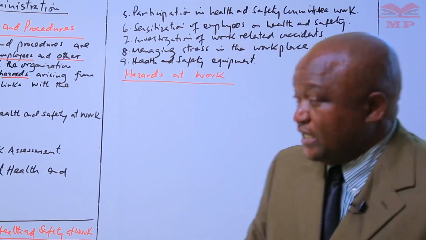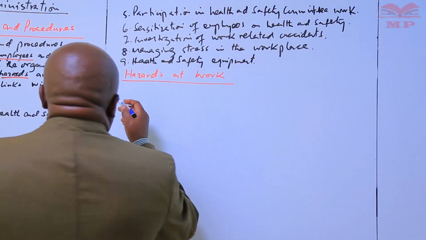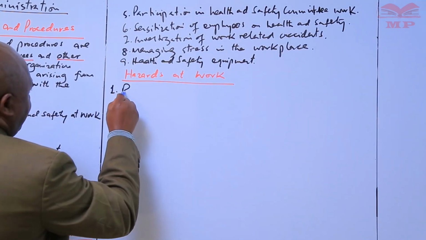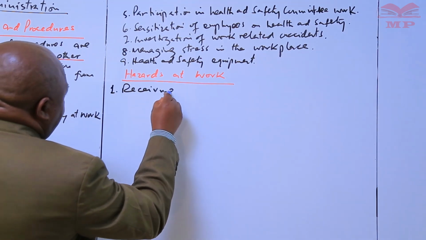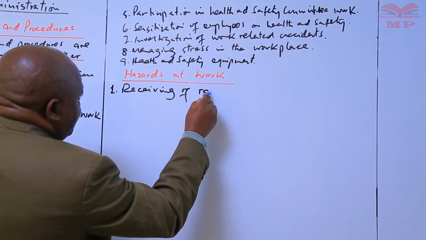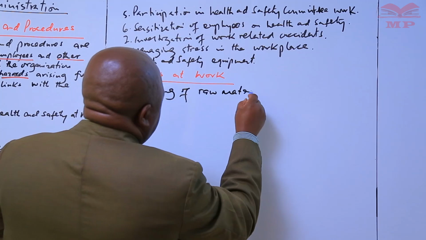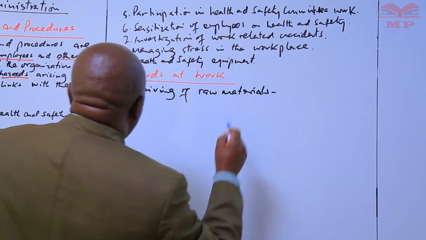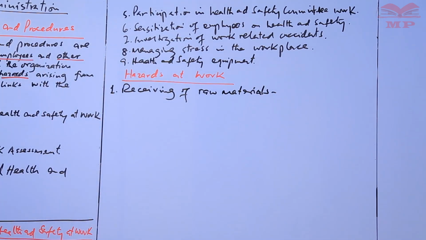So one, receiving of raw materials. Now, when raw materials are being received, there could be elements where you need to carry them, need to move them from one place to the other, and so on. So that again could create a hazard.